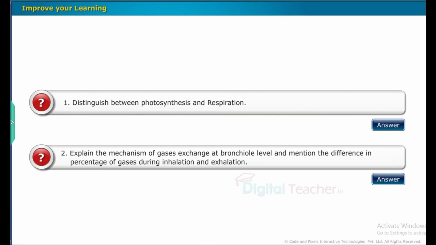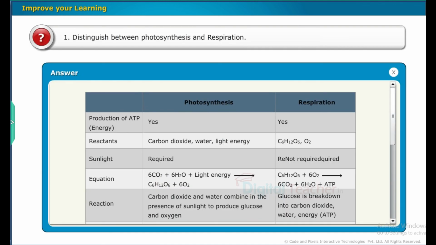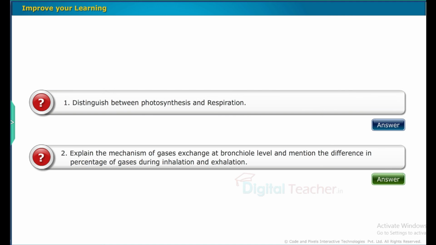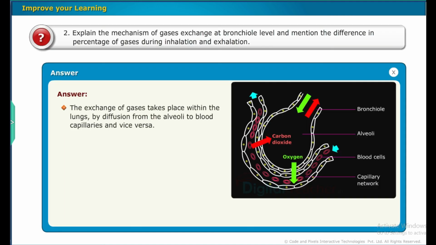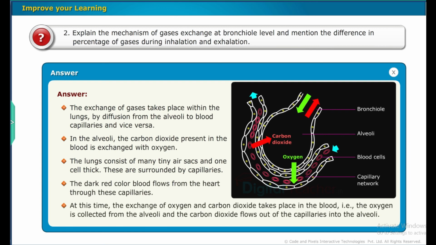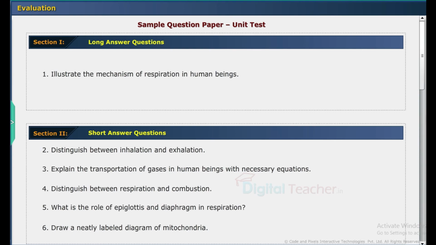Read the questions and attempt the answers on your own. You can click Answer for your reference. Test your understanding of the chapter by taking the mock unit test.